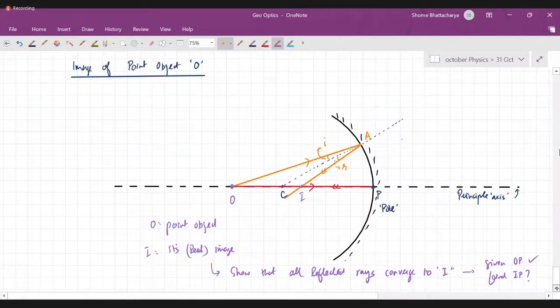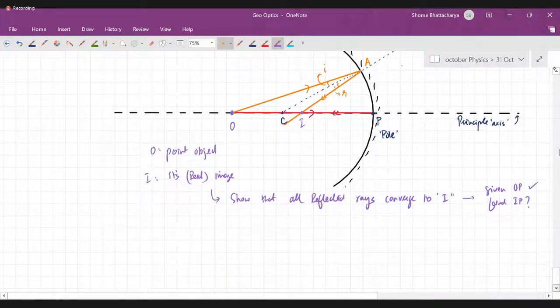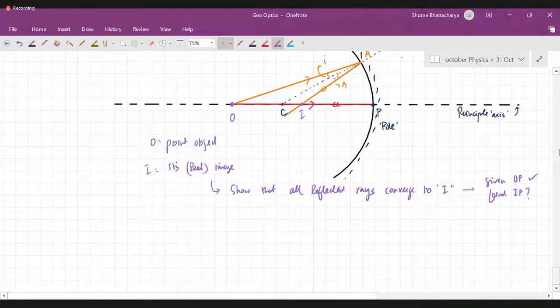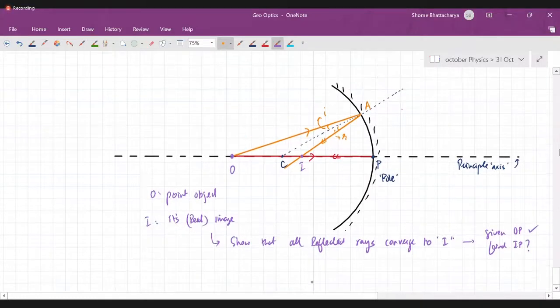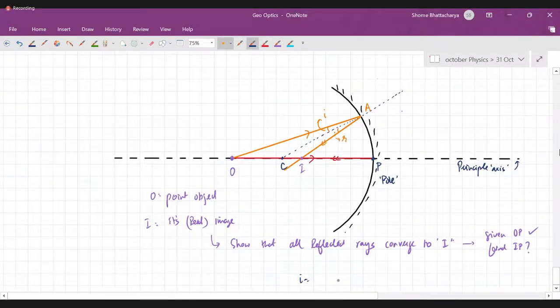So what we now do is that, first of all, we'll apply the law of reflection, that angle of incidence is equal to angle of reflection over there. And then we designate some more angles. We take this angle as alpha. We take this angle here as beta. And we take this angle as gamma.